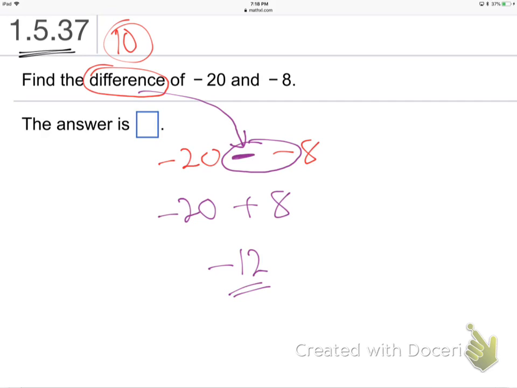Now, what do I mean it's true? Think with me for a second. Suppose you were not sure why two negatives become positive. Watch what you could do. If I took 5 minus 3, you all know what 5 minus 3 is, right? 2. Okay, now watch. Math is patterns.